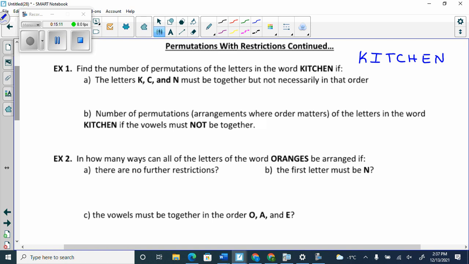If you had the word pool, let's say, you would stack the repeated letters. Whereas kitchen doesn't have any double or triple letters, so you just literally write it out. If you write out the word and there are no doubling or tripling letters, then you'll know there are no repetitions.